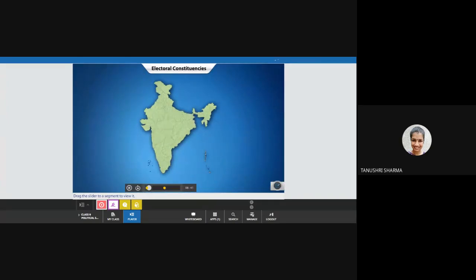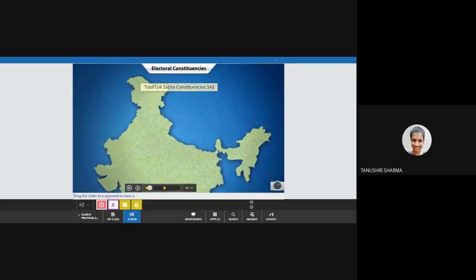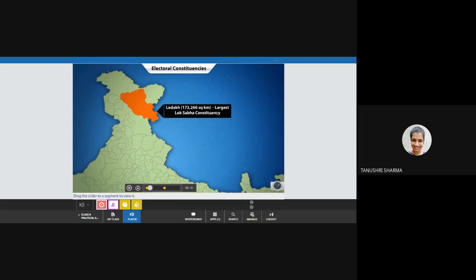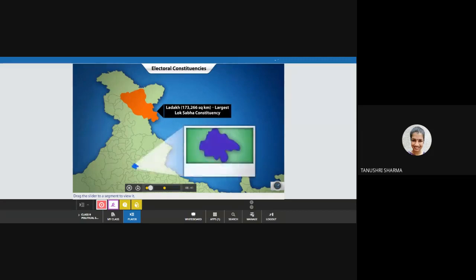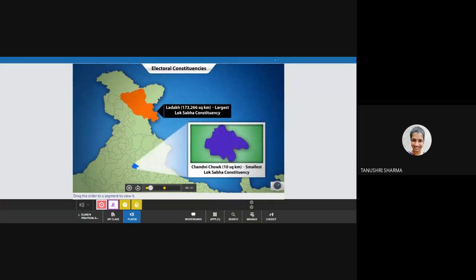For the parliamentary elections or elections to the Lok Sabha, the country is divided into 543 constituencies. For example, Ladakh constituency is the largest Lok Sabha constituency in terms of area, and the Chandni Chowk Lok Sabha constituency is the smallest in terms of area.